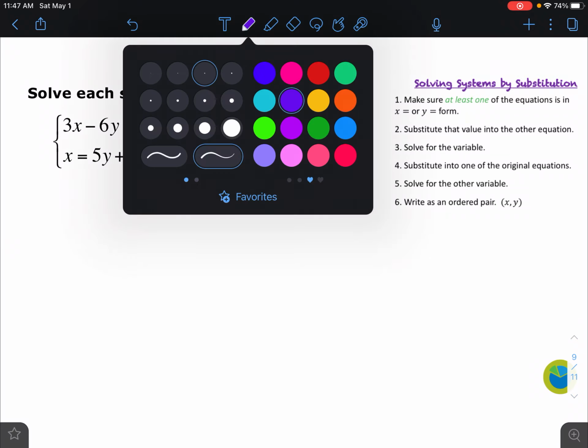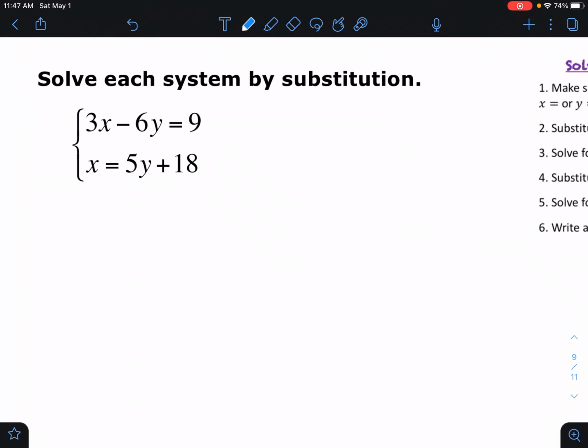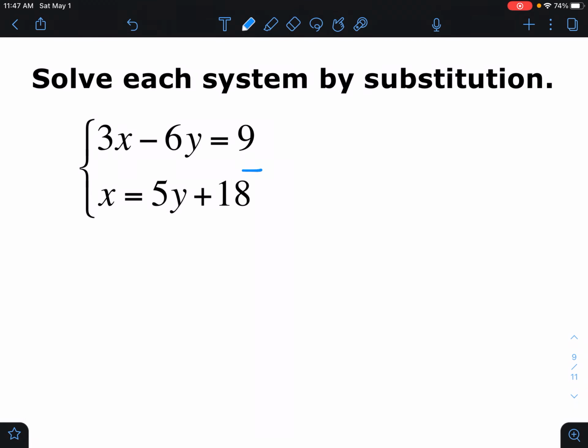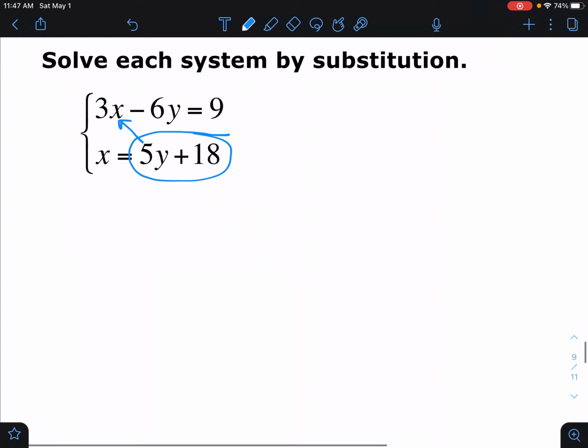So let's see here. X is equal to this. So x equals that. So that means in place of x, since x equals that, we're going to replace it with 5y plus 18. So again, I'm going to say, all right, 3.